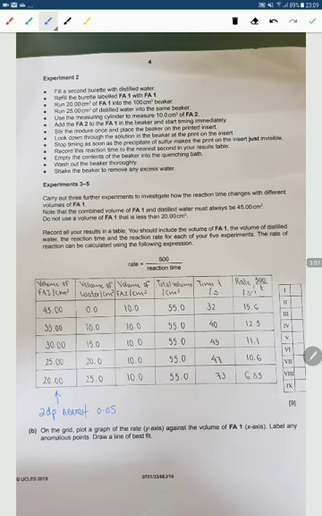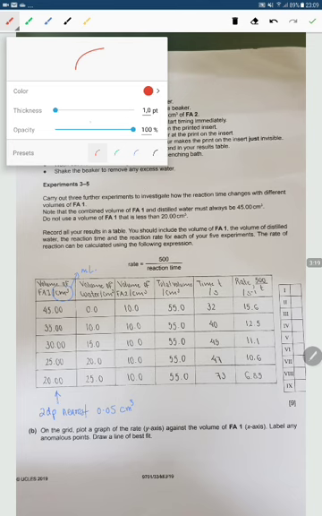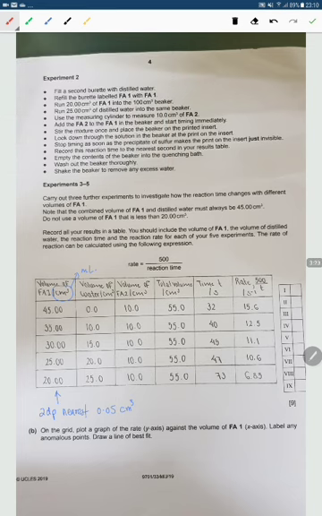So remember that burette readings should be to the nearest 0.05 centimeter cube. Now, it's very important to write centimeter cube and not milliliters. Beware about it. Cambridge is not accepting milliliters as an answer there. Milliliter is a mistake. You have to write centimeter cube.